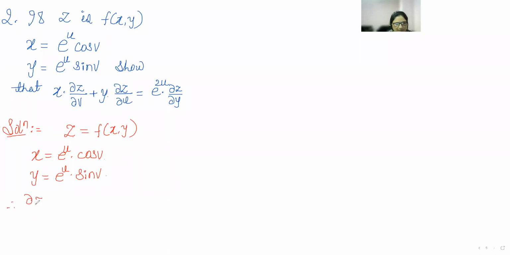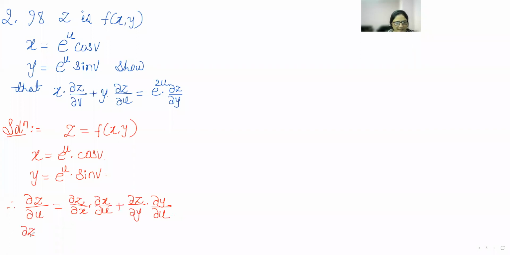By using the chain rule, taking the partial derivative of z with respect to u, it is dou z by dou x into dou x by dou u plus dou z by dou y into dou y by dou u.